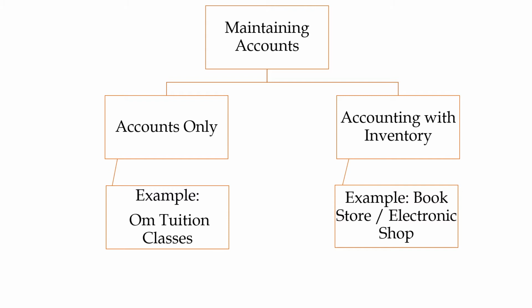In case you are doing accounting for any bookstore or electronic shop, you also need to maintain inventory along with accounting. So the general feature says maintain accounts only. If you are in option 1, you will select yes, or if you are in option 2, you will select no. As soon as you select no, the inventory feature will be activated in Tally.